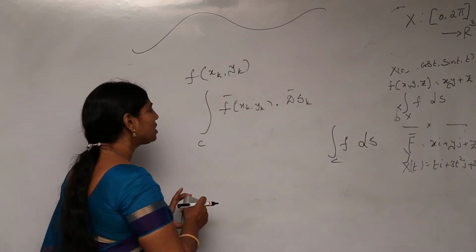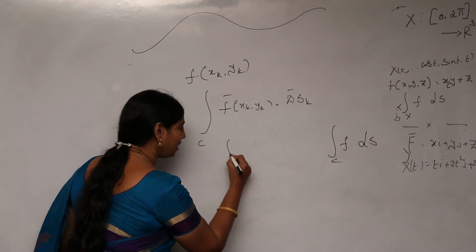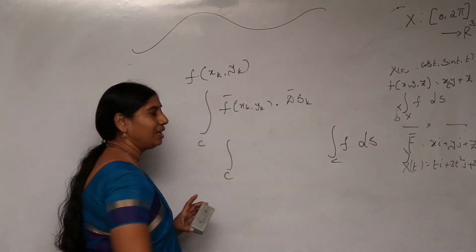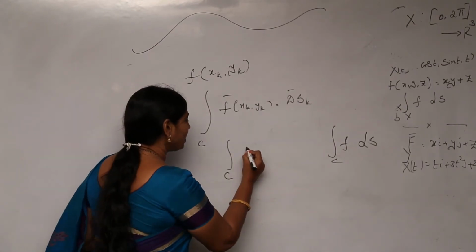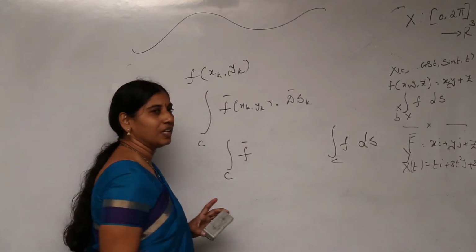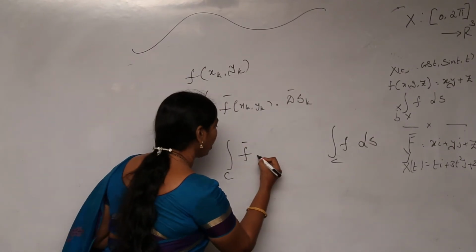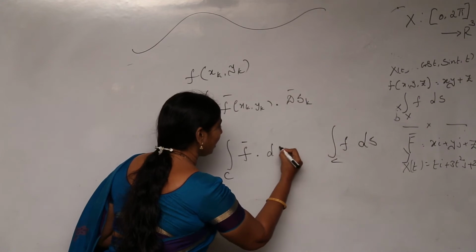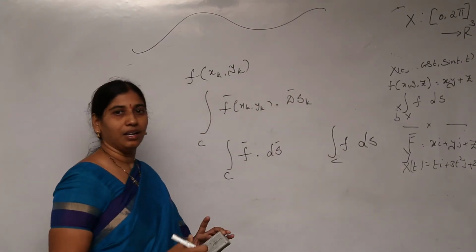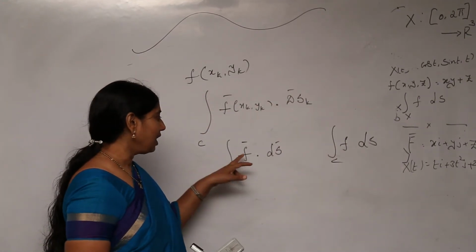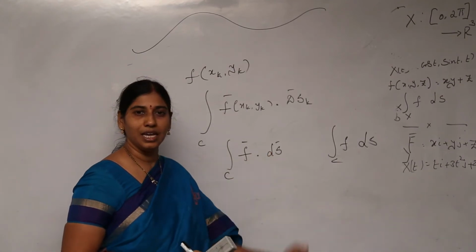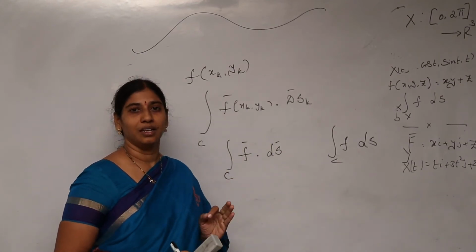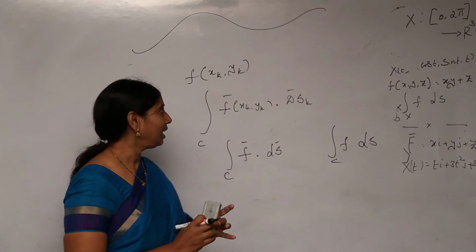How do we define this specifically? It is the integral along the curve C. If we simply denote f as f bar and delta sk as ds bar, then along the curve C, f bar dot ds bar gives us the vector line integral.